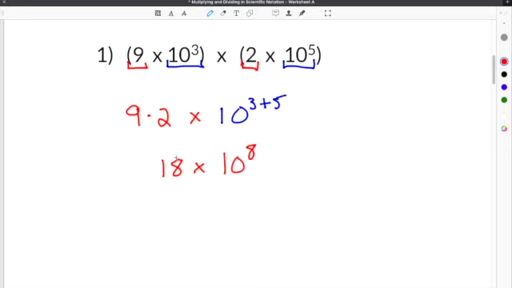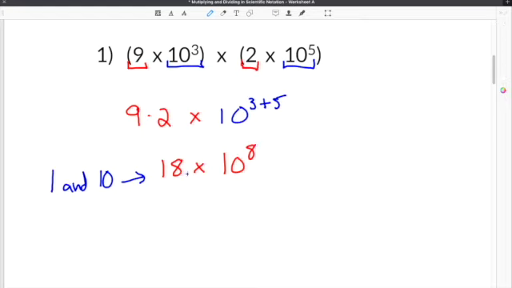Now 18 times 10 to the 8th is the result of multiplying these together. However, 18 is not in scientific notation. This coefficient here has to be in between 1 and 10. So what we're going to do is take our decimal, move it to the left once, and then add 1 to the exponent. Every time you move the decimal to the left, you will add to the exponent.